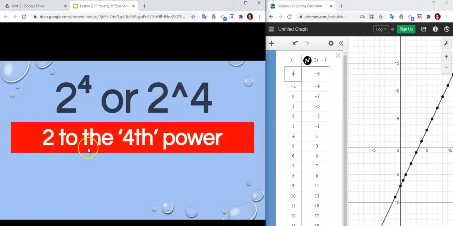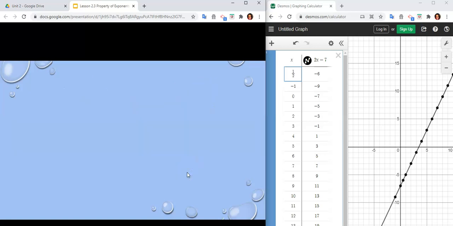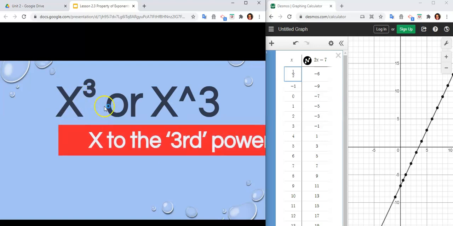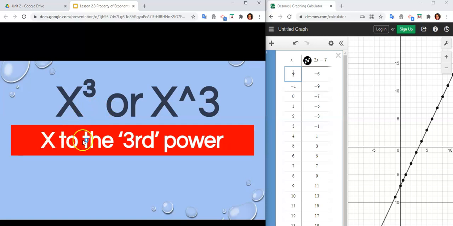We say this by saying we're taking 2 to the 4th power because the exponent is 4. And if I were to see something like this, again, I have x. This is x to the 3rd power, because your exponent is 3, so it is the 3rd power.